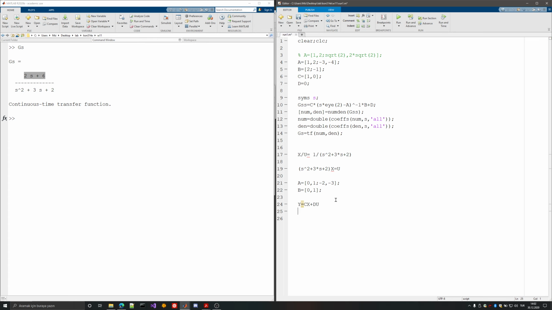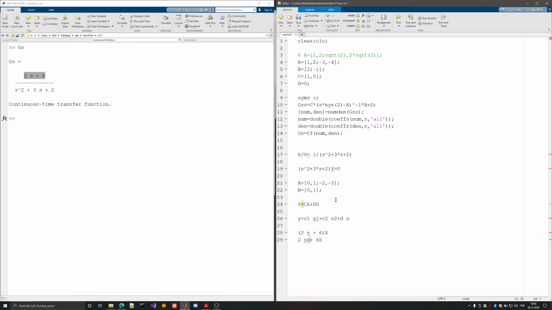And I don't even need this. I can see now that y should be equal to, let's say, c1 x1 plus c2 x2 plus du. Now, since this is 2s plus 6, I can say that this is 2sx plus 6x.